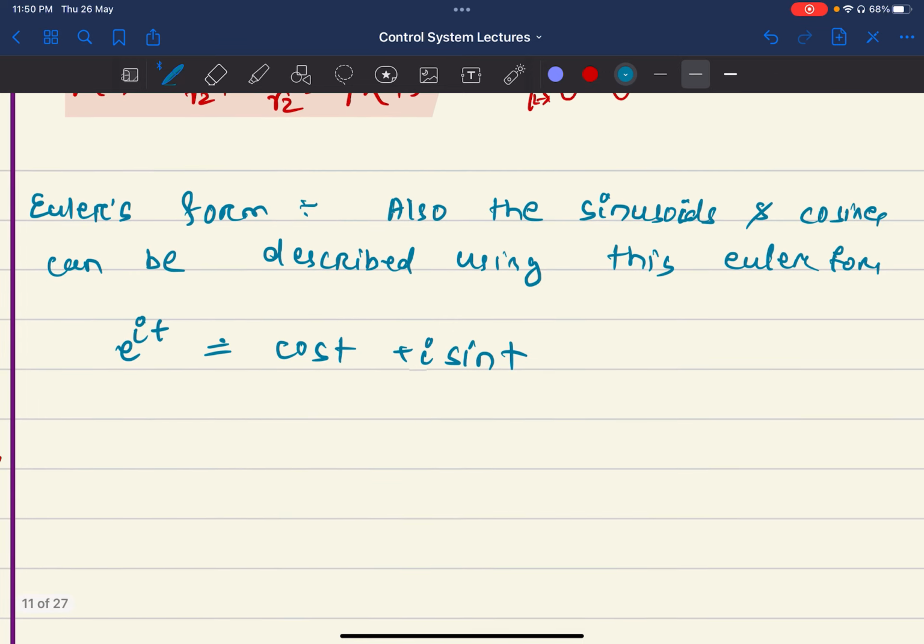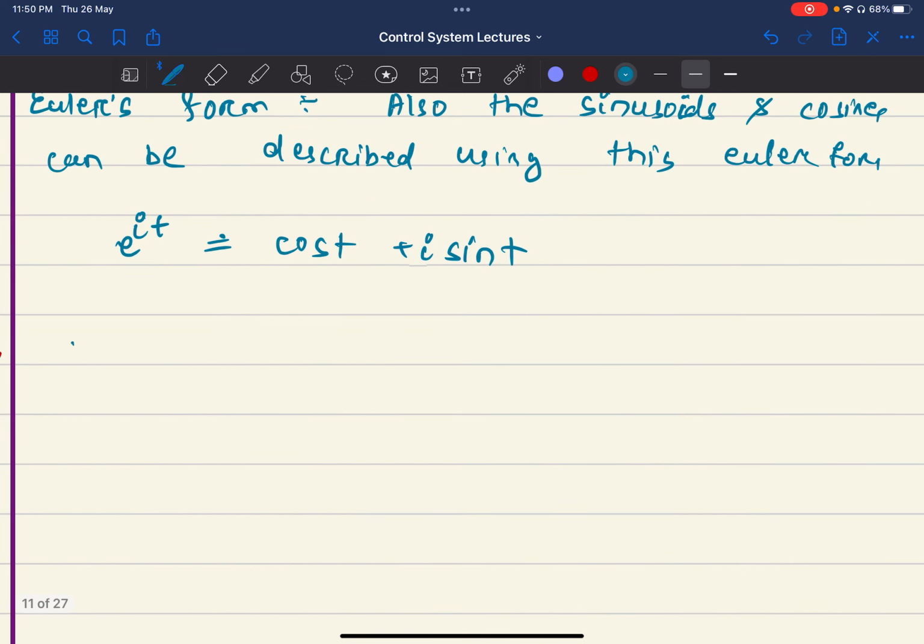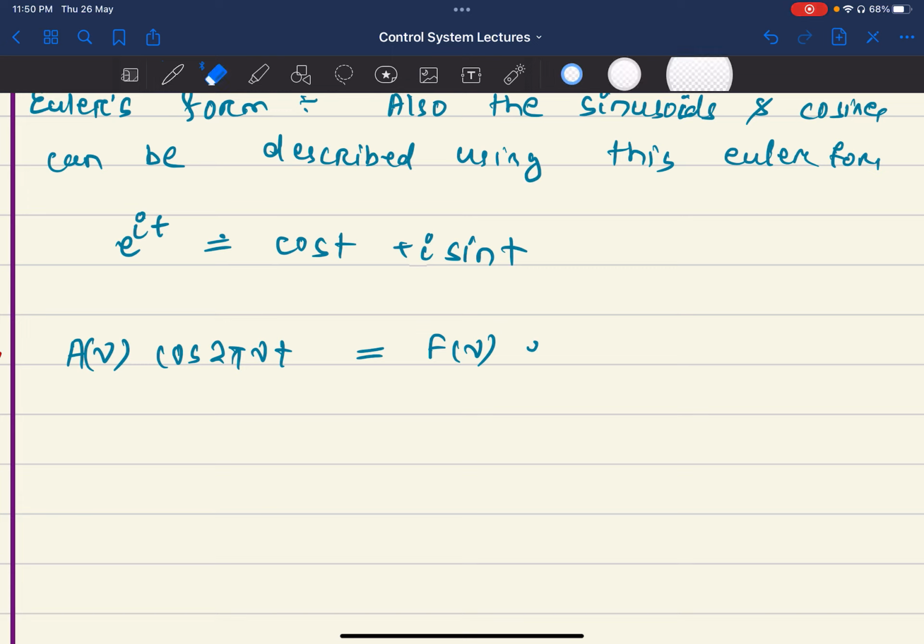Okay, so what happens now? The initial a nu cos 2 pi nu t can now be written as f of nu into e to the power, this cos term I can represent as e to the power 2 pi I nu t.